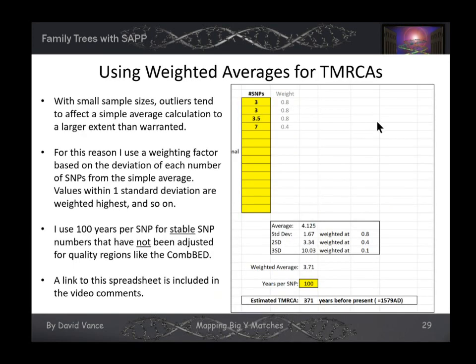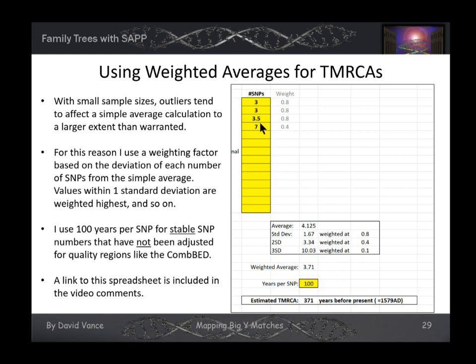So the way I do this is I take a weighted average. I use a weighting factor that's based on the deviation of each of these SNPs from the simple average. Without getting too far into the statistics, I do the standard deviation. If the value is within one standard deviation of the average, I will apply a greater weight to it. If it's outside of 1 but still within 2, it's a lesser weight, and then if it's at 3 or more, it's obviously a very small weighting factor.